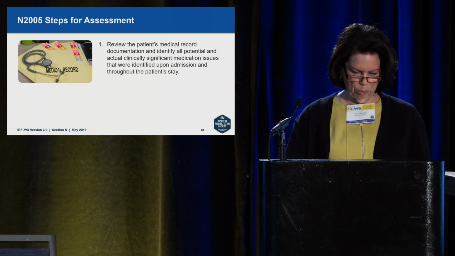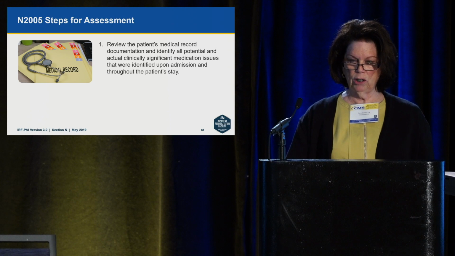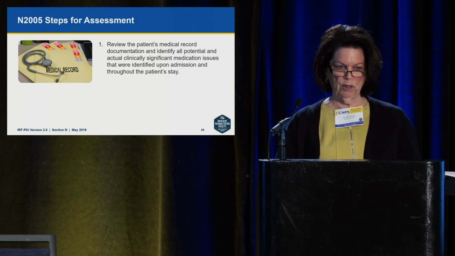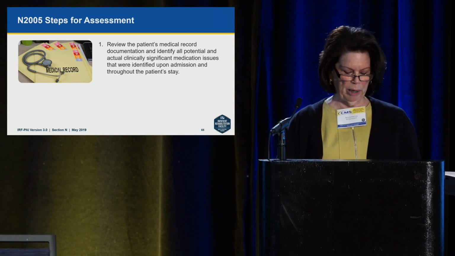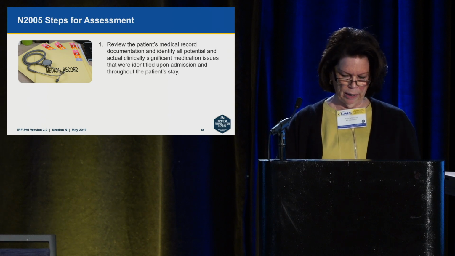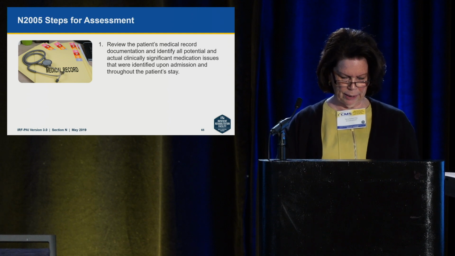You use those same medical record sources that we talked about before: transfer note, patient histories, speaking to the patient's family, the patient themselves, validating, talking with staff from the referring hospitals, etc.